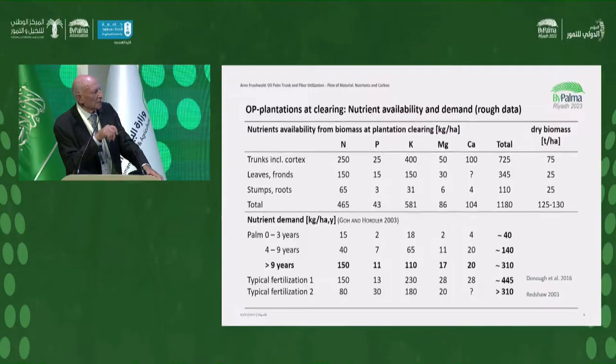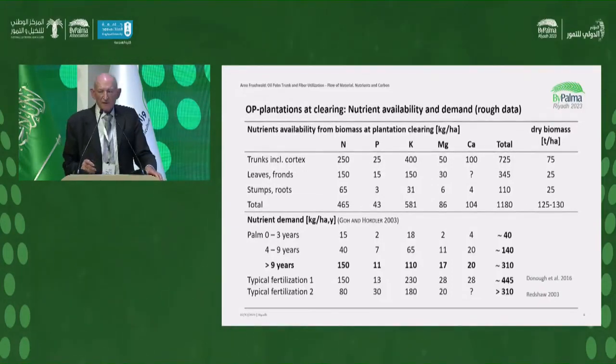If you look to the lower part of the table, what a palm needs when it's young, 0 to 3 years, it needs approximately 40 kilograms. Then if it's up to 9 years old, it needs about 140 kilograms.